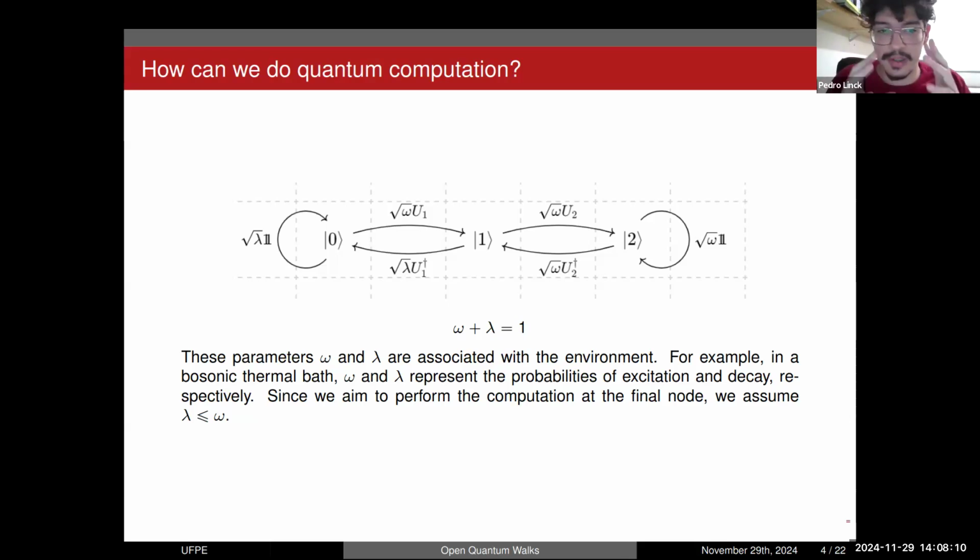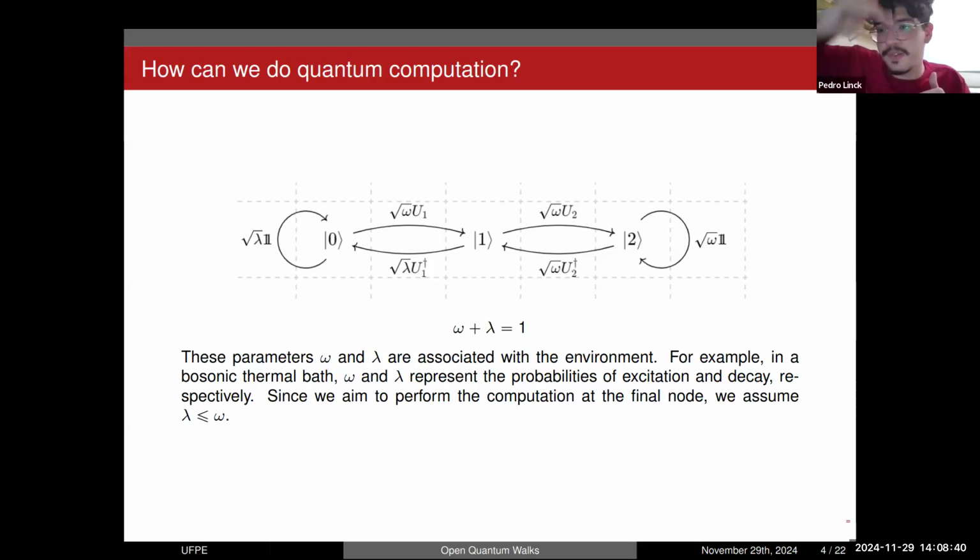For example, if you have an atom in a bosonic thermal bath, which is basically an electromagnetic field, then you have the lower state, the state of least energy, which is, for example, the 0. You can't go below the minimum energy, so you can stay there.